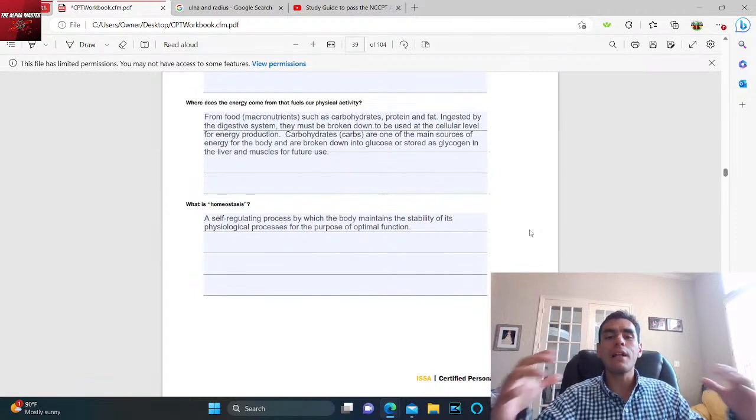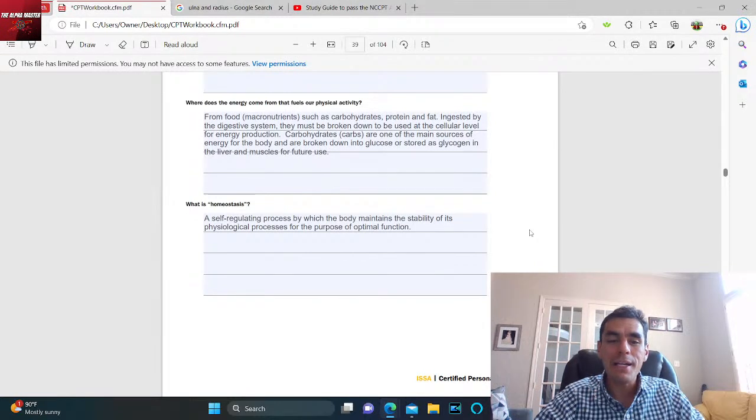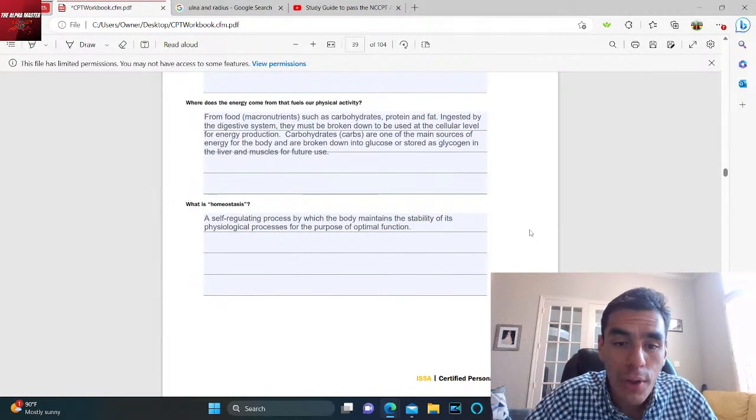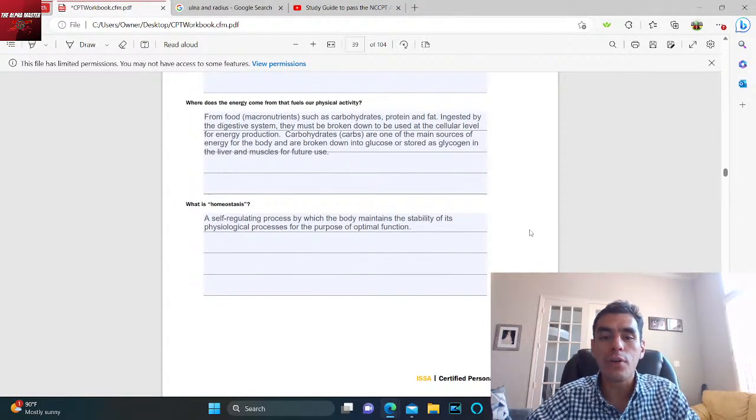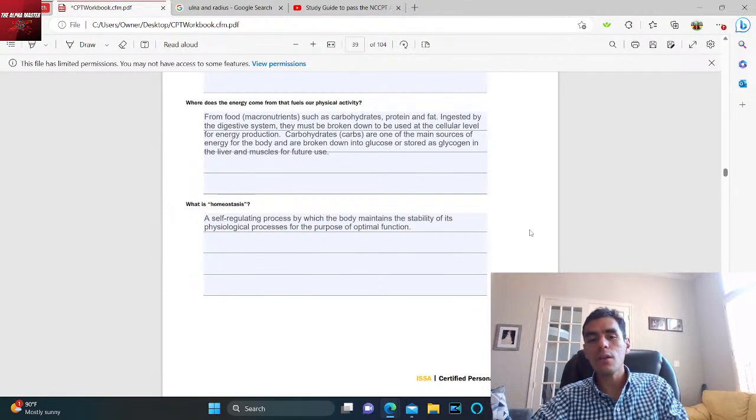Homeostasis is a self-regulating process by which the body maintains the stability of its physiological processes for the purpose of optimal function.